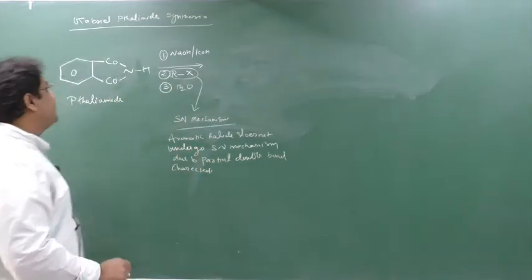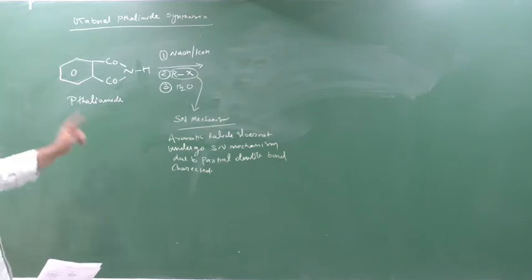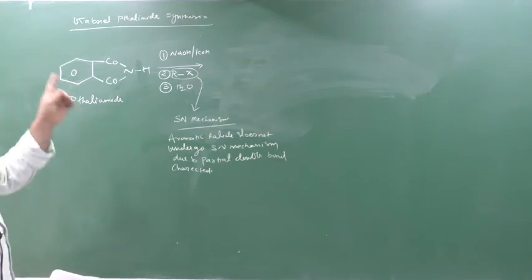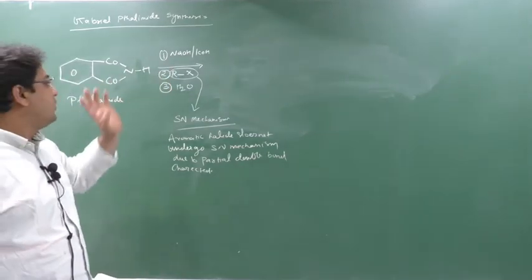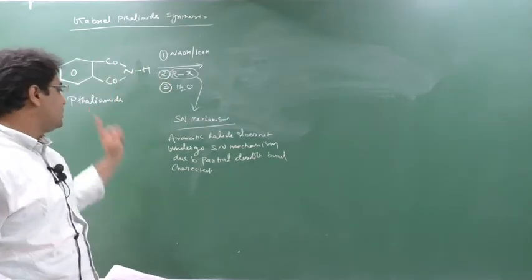Hence, Gabriel phthalimide synthesis will only be shown by aliphatic RX. Clear this part? Only alkyl halides will show the phthalimide synthesis, not aryl halides.